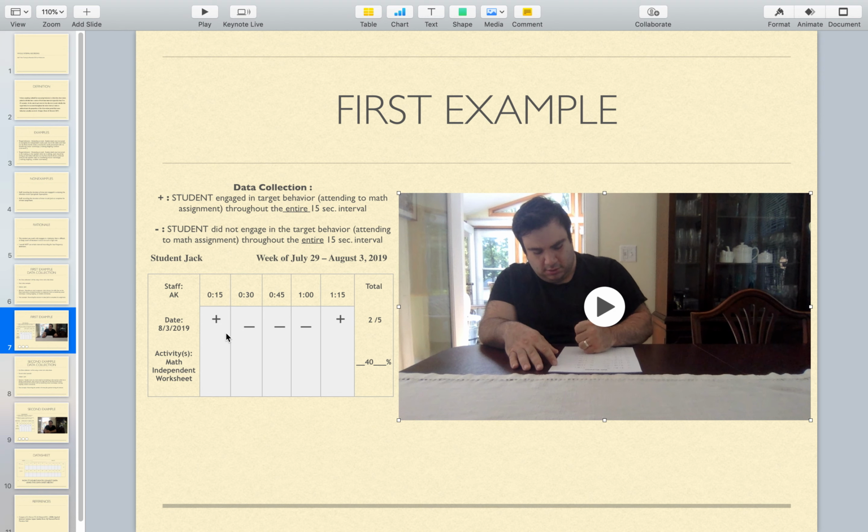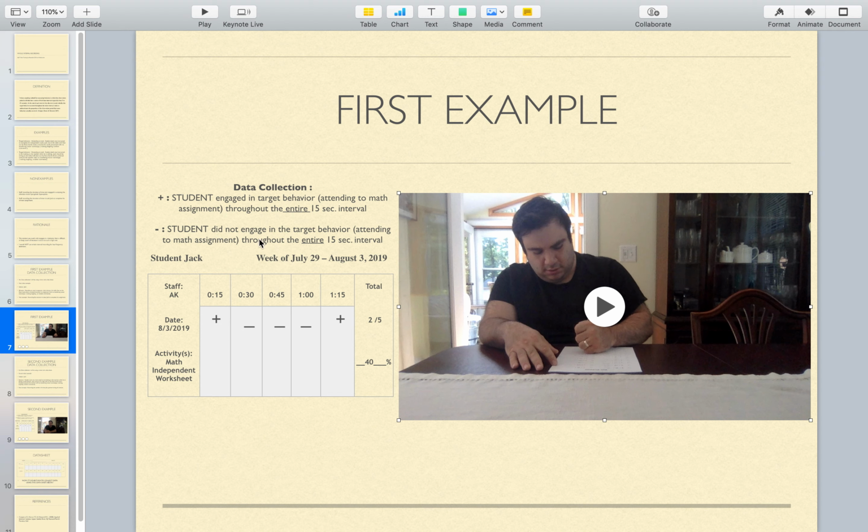As you can tell, in the first interval and the last interval, Jack engaged in the target behavior. He attended to the math assignment throughout the entire 15 seconds, so I put pluses right there. I put minuses in the other 3 because Jack was rocking in his chair, laughing, or calling out random things like SpongeBob.